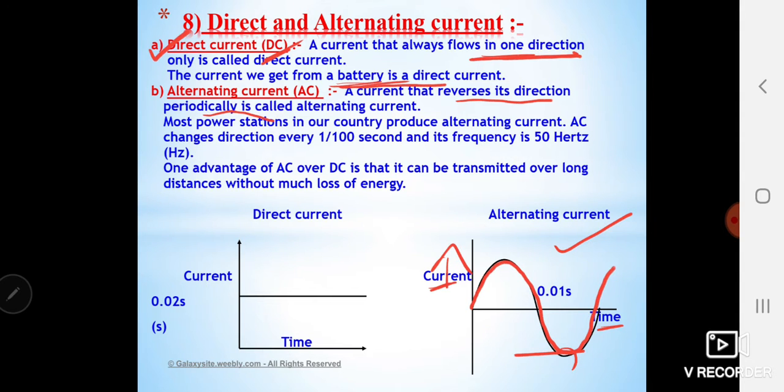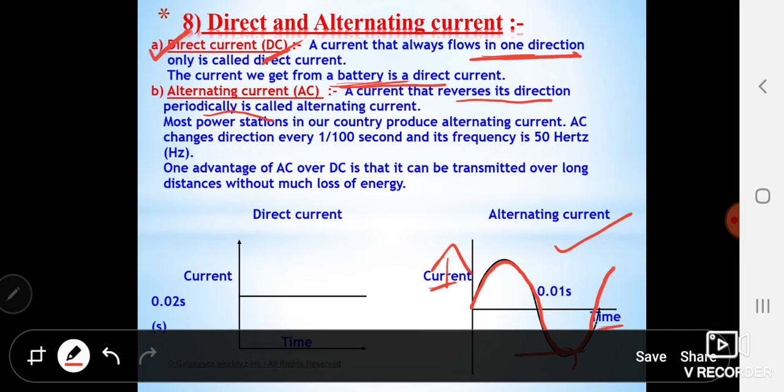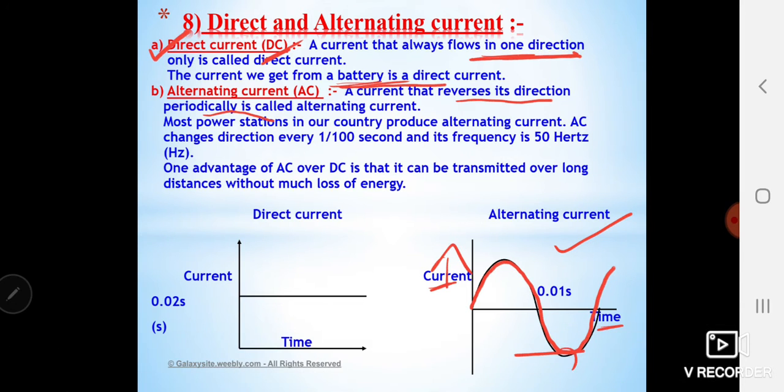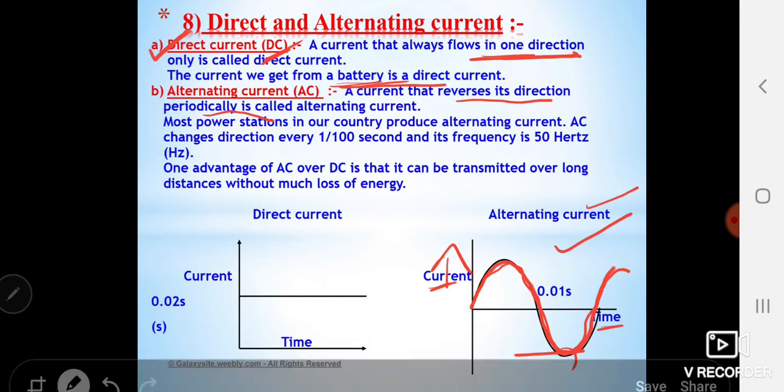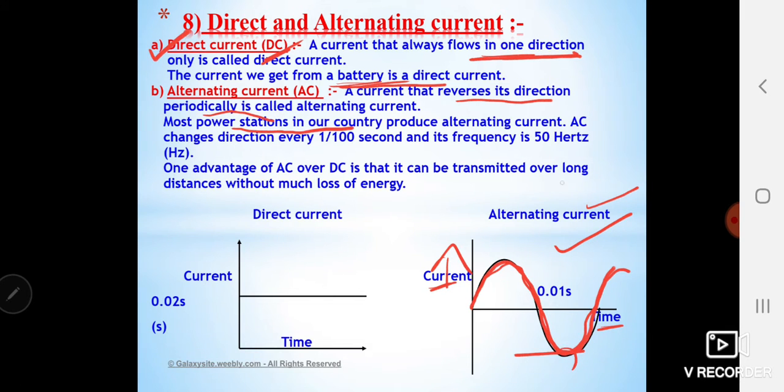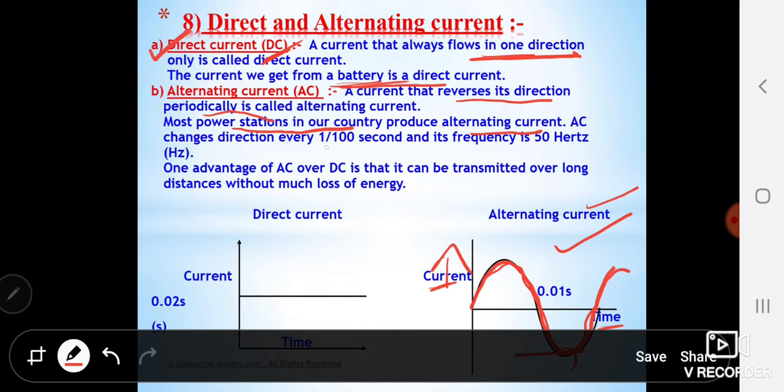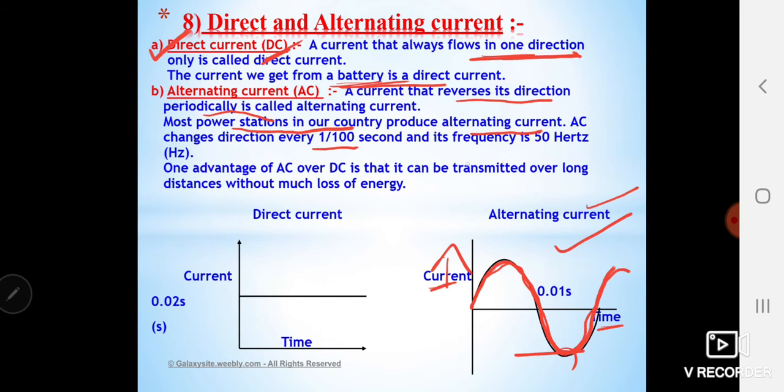After the completion of each half cycle, the current changes its direction. Such a current is called alternating current. Most power stations in our country produce alternating current, and every 1/100th of a second it changes its direction, and its frequency is 50 hertz.